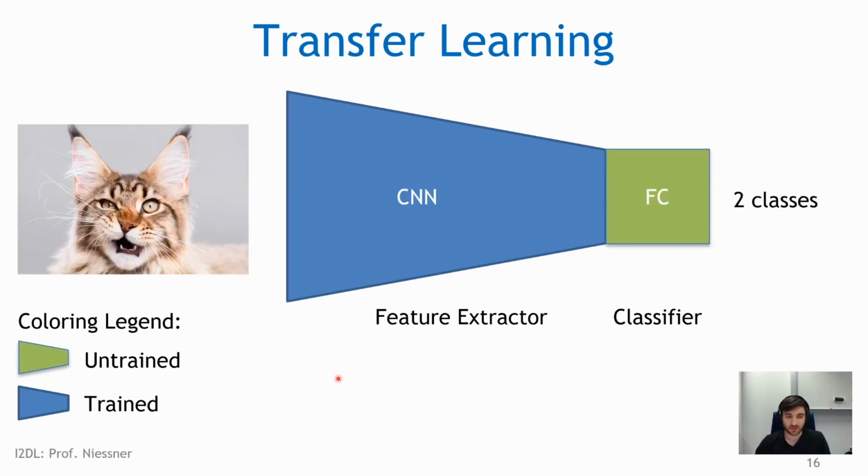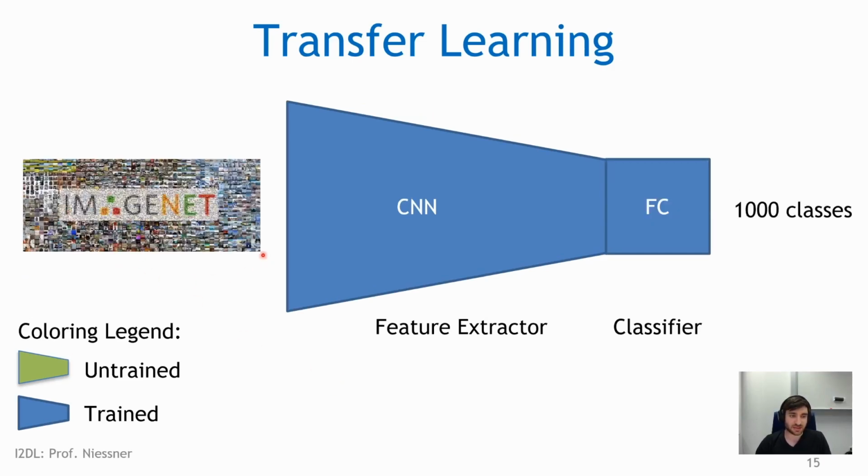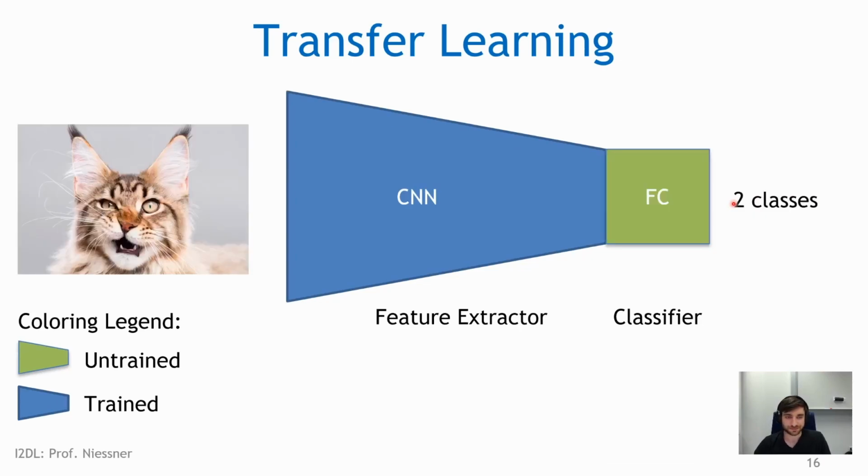What we would now want to try is, because in ImageNet we have such a huge variety, we can think that the network was able to extract usable, reasonable features which might transfer well to other tasks, because in these 1,000 classes, there's most likely also the class for cat.